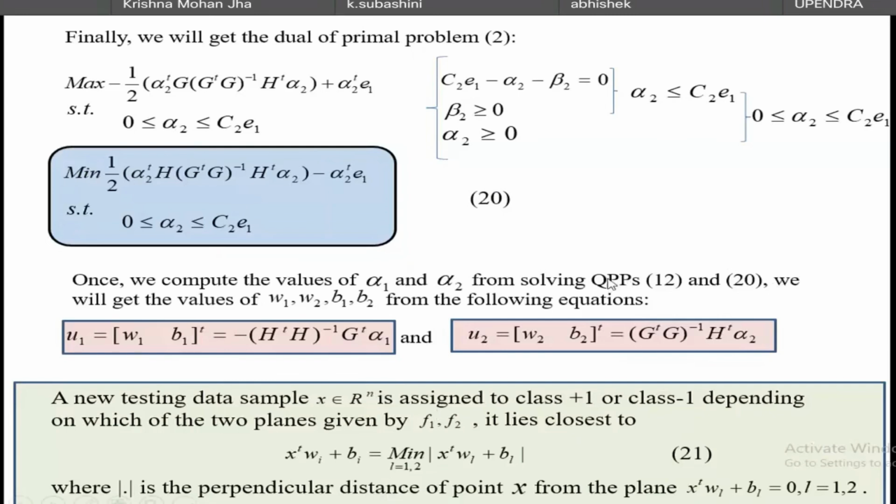If the point is nearest to hyperplane 1, or F1, the class label will be +1, because it is the positive class. And if your testing sample is near the F2 hyperplane, the class will be -1. In this manner, you can find the class label of any testing sample through this formula. Ultimately, we just calculate the distance from each hyperplane.